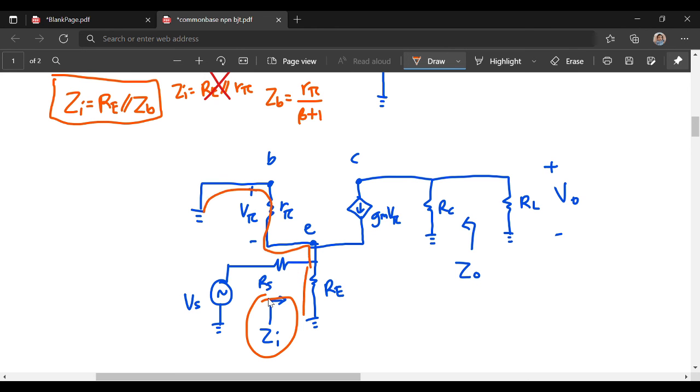This is also a correct way to draw your equivalent circuit. However, ZI is equivalent to RE parallel with the equivalent resistance, because the current is different: IB and IE. You need to change R pi to its equivalent resistance before paralleling it.